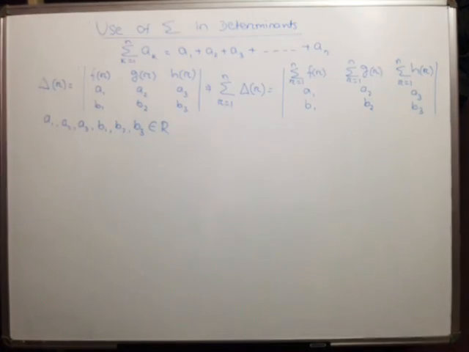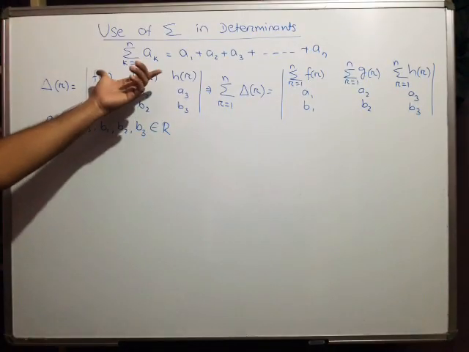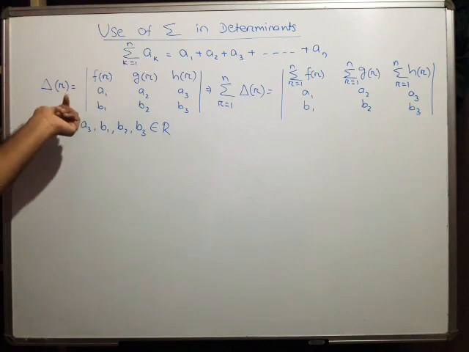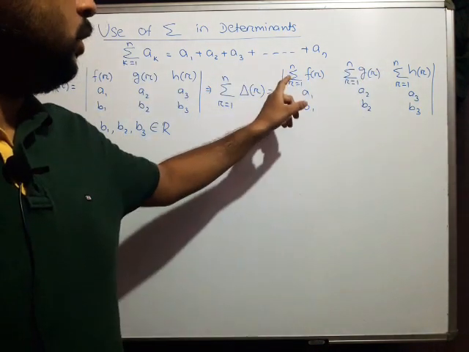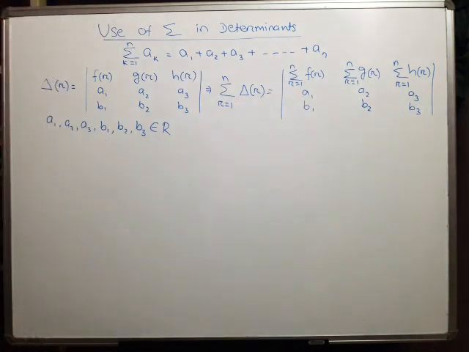As the first row is the only function of r, the variable, summation will be applied only in the first row, not in the second row and third row, because they consist of constant terms.